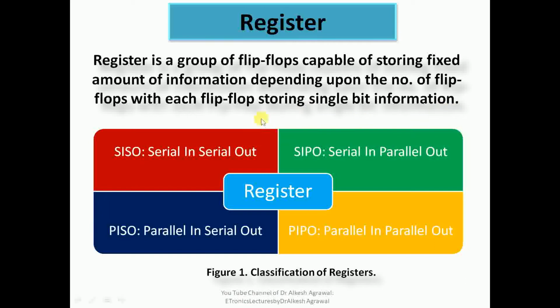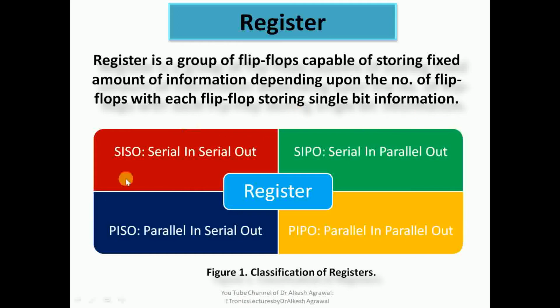You can compare it with the register you use to write information by handwriting. Each register has a number of pages and each page contains certain information. Similarly, these registers are storage devices that store some amount of information, depending upon the number of flip-flops connected.